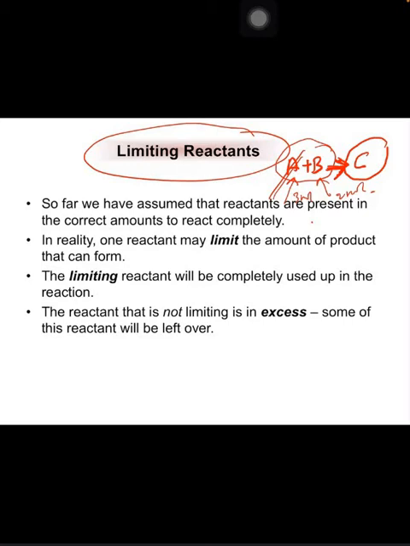Walaupun B masih in excess, tapi that would be our maximum amount of C. So disebabkan oleh A ni habis dulu, then kita katakan A will limit our reaction and will always produce a lesser amount of products. Itu konsep dia. Okay? Sebab kalau ikutkan B ni lebih banyak lagi ada lagi. Tapi sebab A dah tak ada, so we cannot produce C anymore.